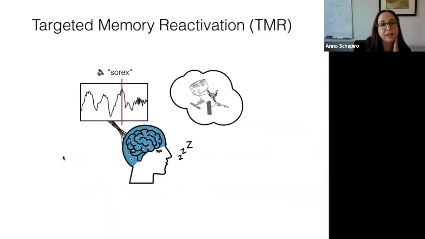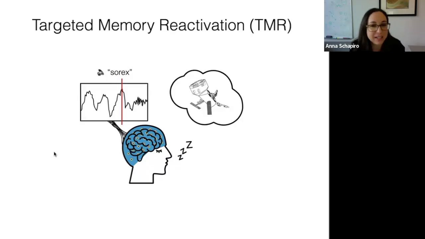And we use a technique in the lab called targeted memory reactivation, where we try to have some control over what people are reactivating during sleep. In this case, we have people hearing the spoken names of the satellites while they're learning about them when they're awake. And then we quietly play those names while they're sleeping, at the precise moments that we know that endogenous reactivation occurs, to try to encourage them to think about this object instead of what they might have endogenously chosen.